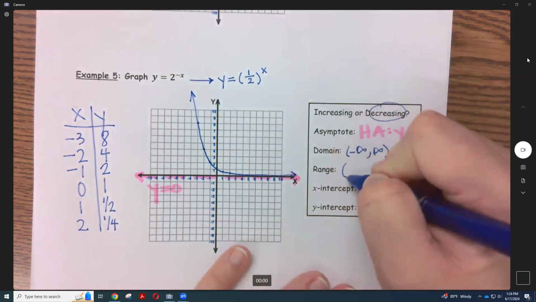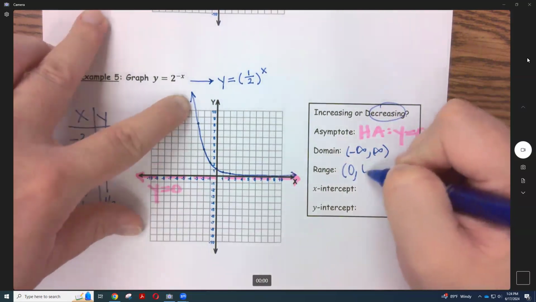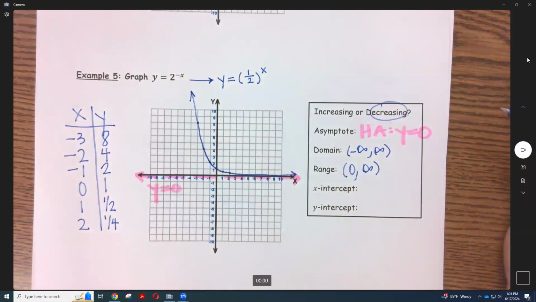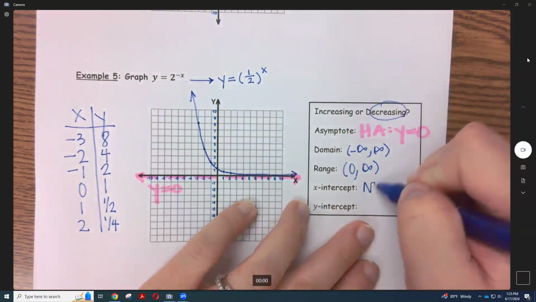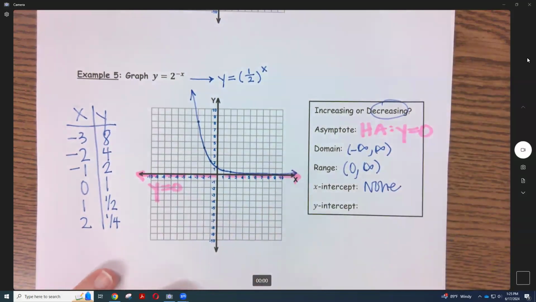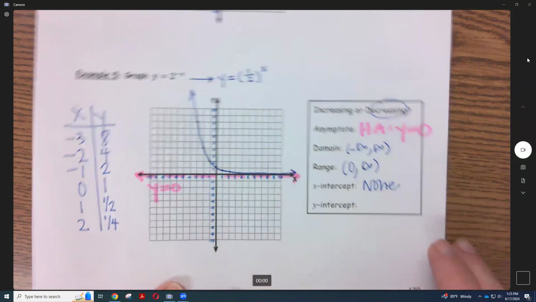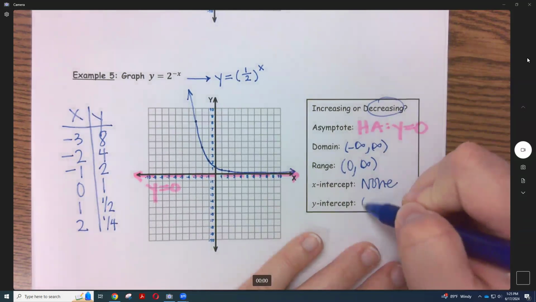We have 0 with parentheses, and then it's going to keep going up forever, so to infinity. We have no x-intercepts because we have a horizontal asymptote on the x-axis, but then my y-intercept is again at 0, 1.